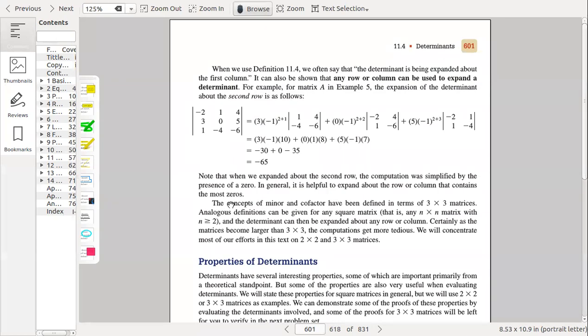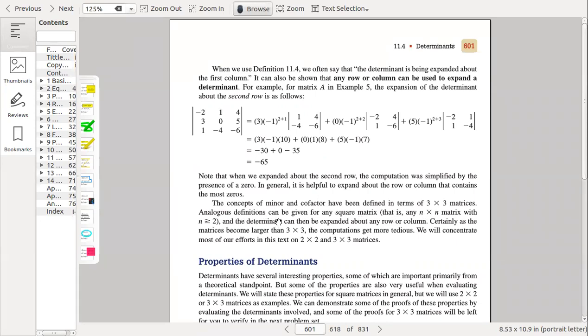Okay. So then note that when we expanded about the second row, the computation was simplified by the presence of a zero. In general, it is helpful to expand about the row or column that contains the most zeros. The concepts of minor and cofactor have been defined in terms of 3 by 3 matrices.